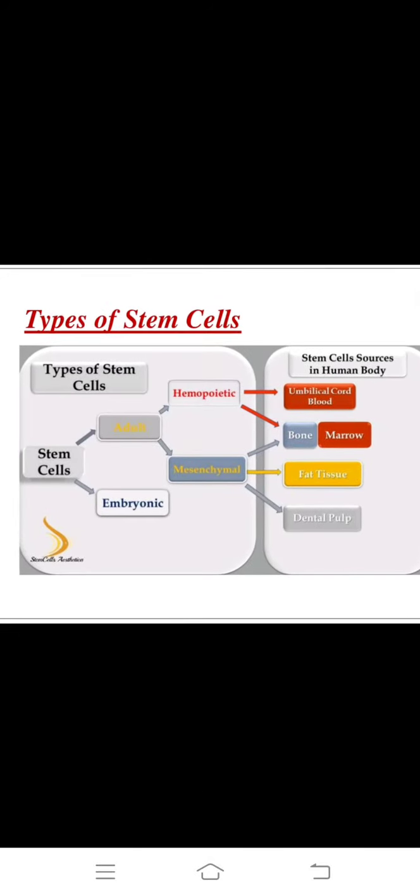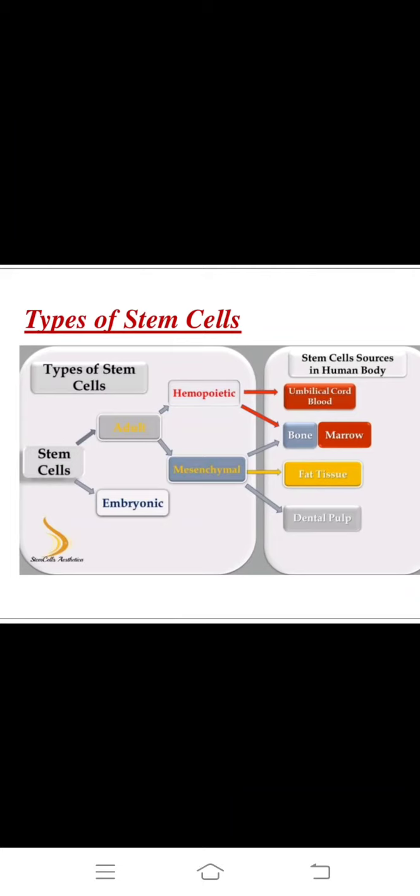Okay, next, types of stem cells. Mainly, stem cells are present in the embryo as well as the adult. So, stem cells are adult and embryonic.